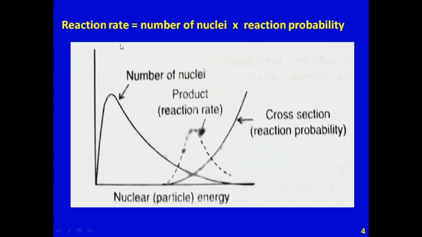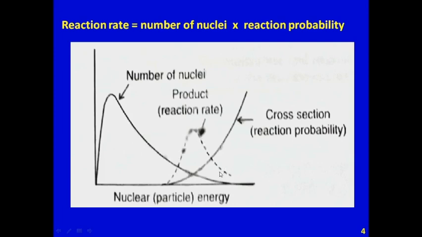We take the reaction rate as the product of the number of nuclei and the reaction probability or the cross section. So you take these two curves, the reaction probability and the number of particles, and you multiply the left side curve and the right side curve, and you get this dotted line curve.